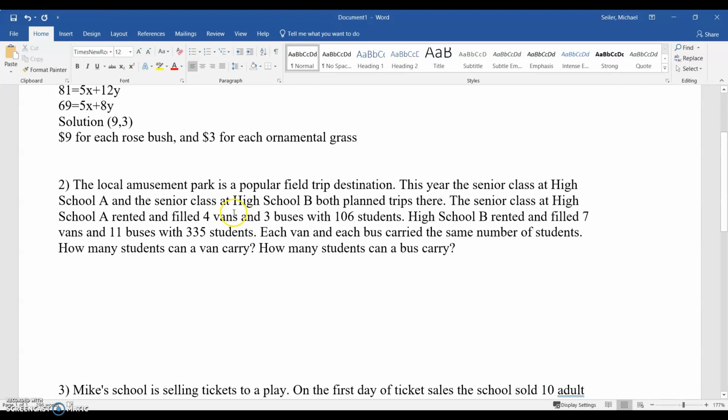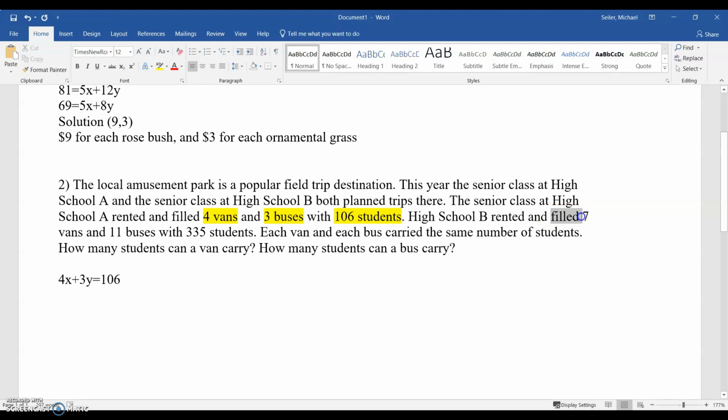All right. So again, if we look at High School A, that's going to be our first setup. High School A has 4 vans, and they have 3 buses and 106 students. So they have 4x plus 3y equals 106.